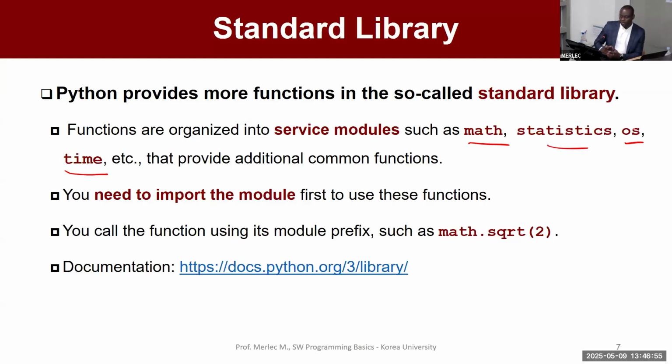So for you to use the functions that are implemented in a module, as I mentioned earlier, you have to import them first. And then the call to a module function has to be preceded by the prefix, the name of the module. Like you can see here, you have the module name and then the function which is implemented inside that module. math.sqrt, which is a square root function, you can call and then provide a parameter.